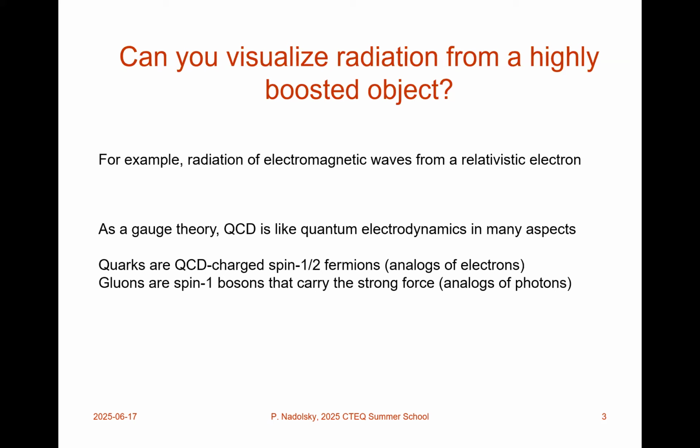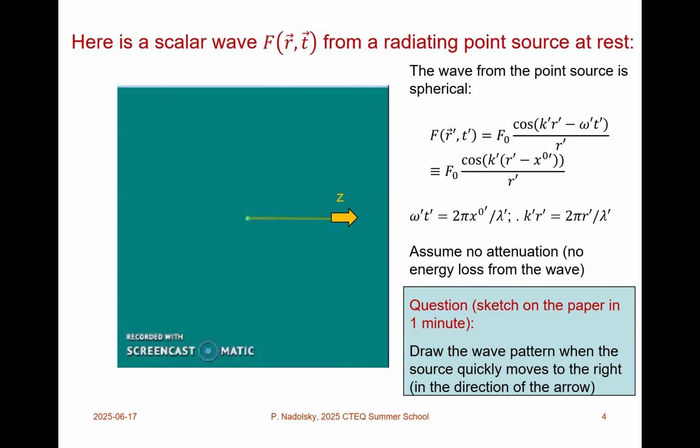For example, imagine we have an electron, and it radiates a wave, and let's assume the electron is at rest. How would the wave look when it radiates? What would be the shape of the wave that it radiates? Spherical, right? So you have an electron at rest, and it will be something like this.